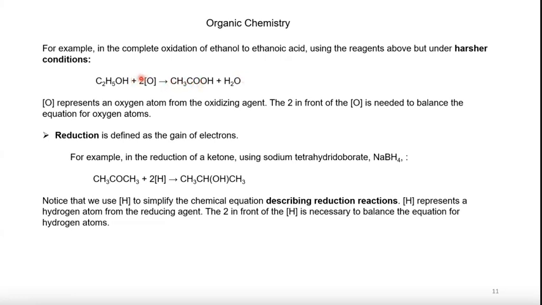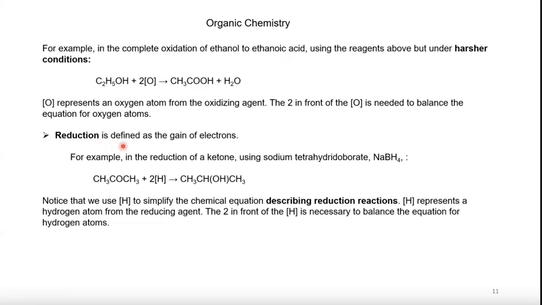We showed a harsher condition of oxidation, strong oxidation, and we denote it by O. Oxygen represents the oxidizing agent, and 2 in front of it is needed to balance the equation for oxygen atoms, is it not?